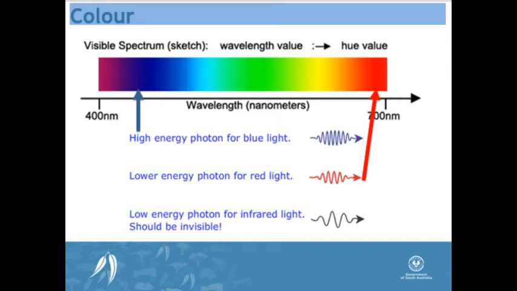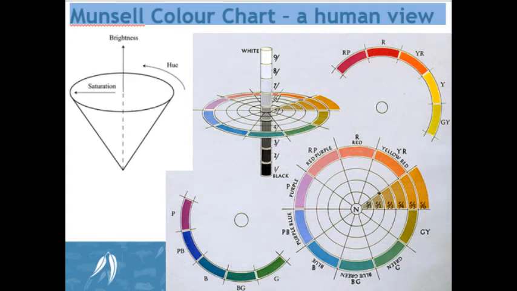Okay. Have you ever seen this wheel before? The Munsell wheel. If you're an artist, it's something you play with a lot. You've got your primary colours. So what are your primary colours? Red, yellow, and blue.